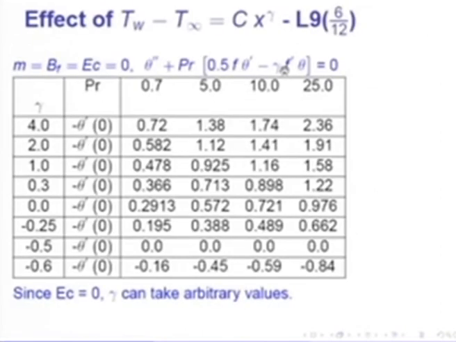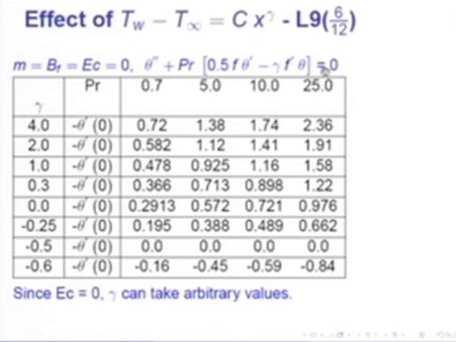So, having studied the effect of m, the pressure gradient, and Prandtl number, high and low Prandtl number, under essentially constant wall temperatures and no suction and blowing and no viscous dissipation, we now move to the case of looking at effect of wall temperature variation.